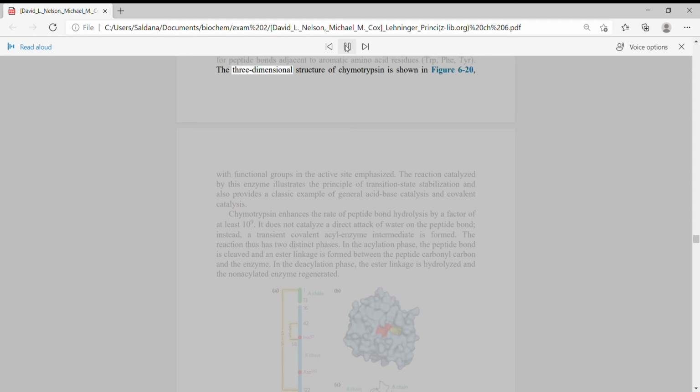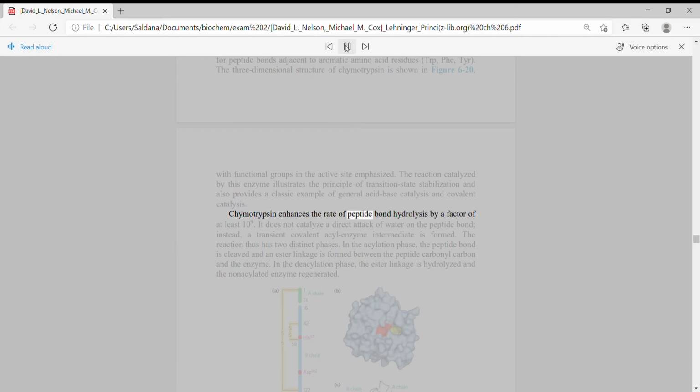The three-dimensional structure of chymotrypsin is shown in Figure 6-20, with functional groups in the active site emphasized. The reaction catalyzed by this enzyme illustrates the principle of transition state stabilization and also provides a classic example of general acid-base catalysis and covalent catalysis.